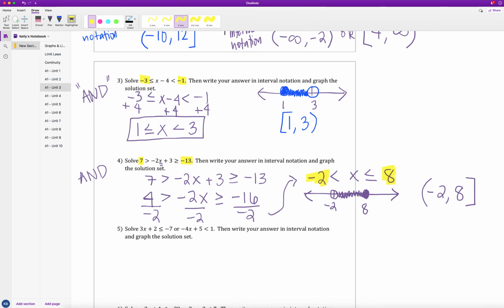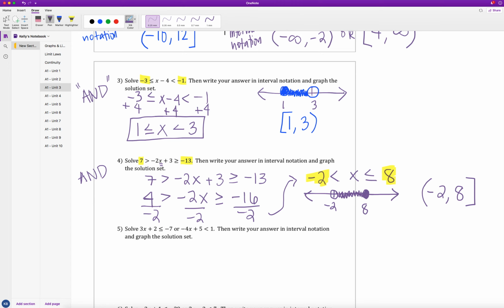So in this example, if we forgot to flip our inequalities, and I got to a final answer that said -2 bigger than 8, I would have to sit there and go, wait, no, hold up a second. -2 is not bigger than 8. Oh, I forgot to flip my inequalities. I divided through by a negative, so I have to remember to flip my inequalities.